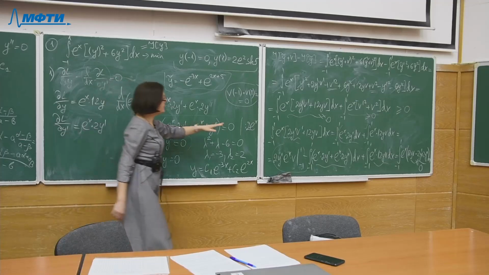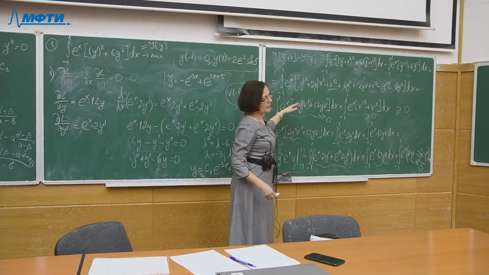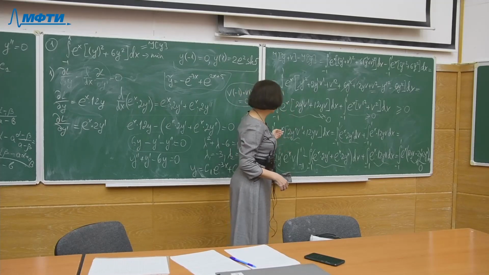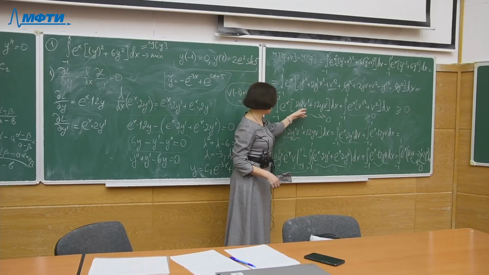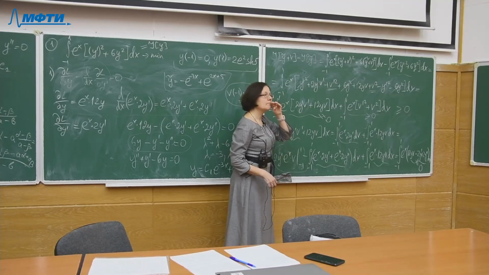The idea is the same as when we obtained the Lagrange equations. The idea is integration by parts. How did you combine the term with dv, the integral with dv, and the integral with dx?